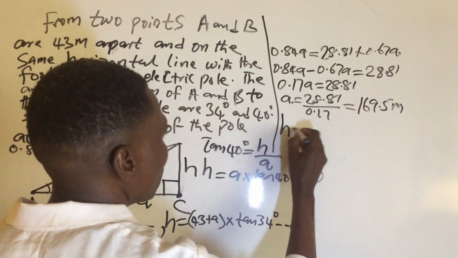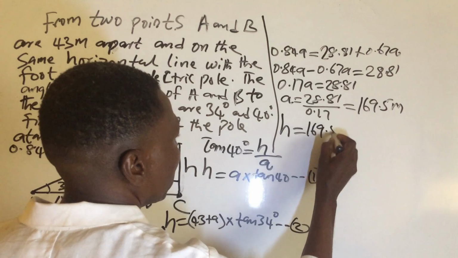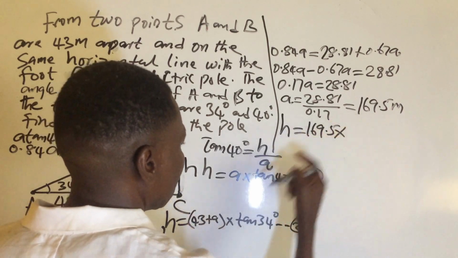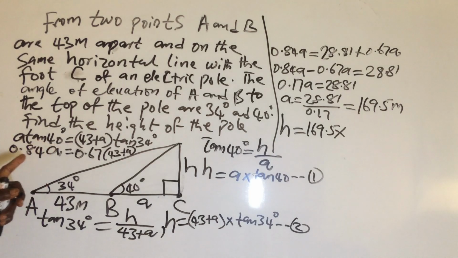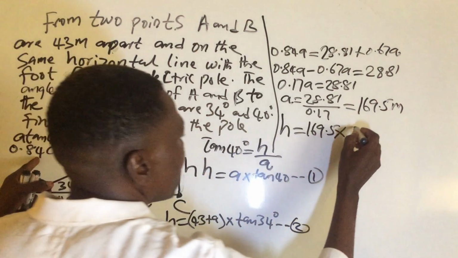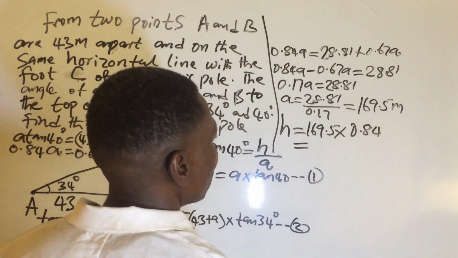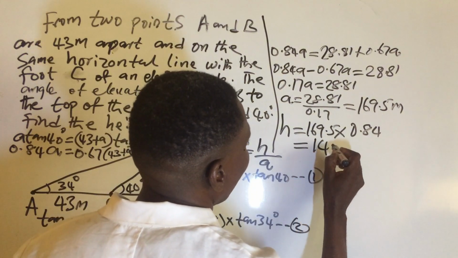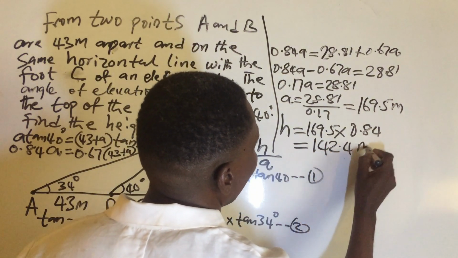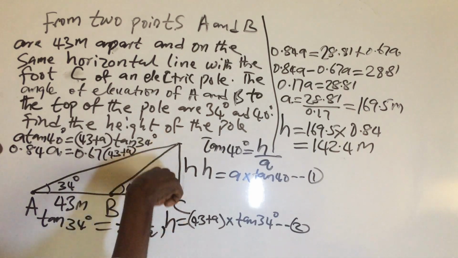Now the height is equal to, our a is 169.5 times tan 40, and tan 40 is 0.84. When we multiply out, what is the final answer? The final answer will become 142.4 meters. So the height of this pole is 142.4 meters.